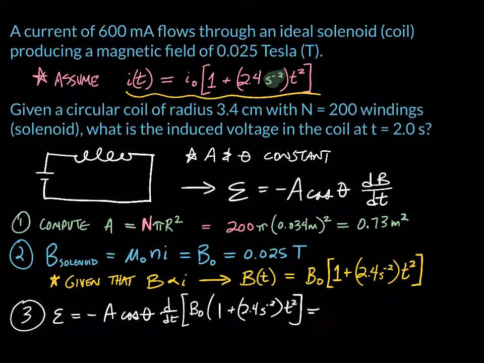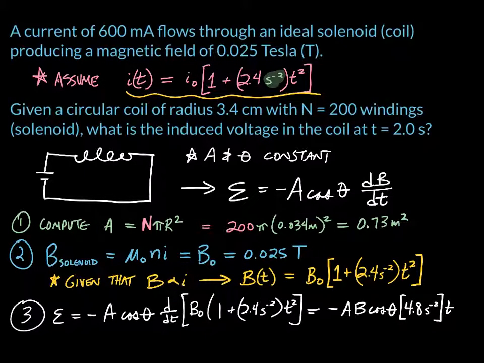And you go through all of these motions and you will come up with minus A B cosine theta, and we're going to have 4.8 inverse seconds t. So I'll spare you the calculus on that.